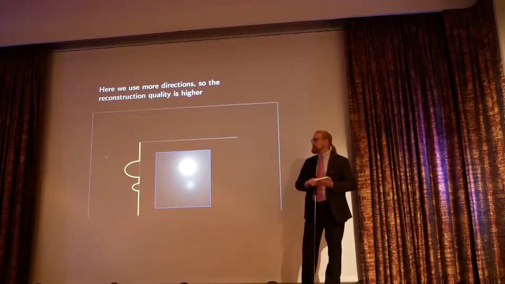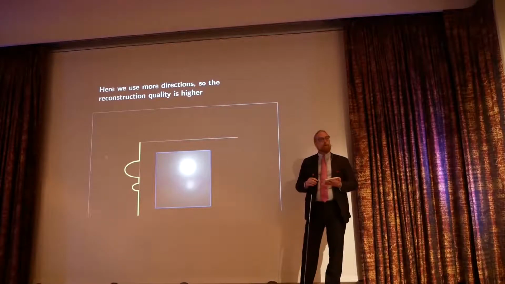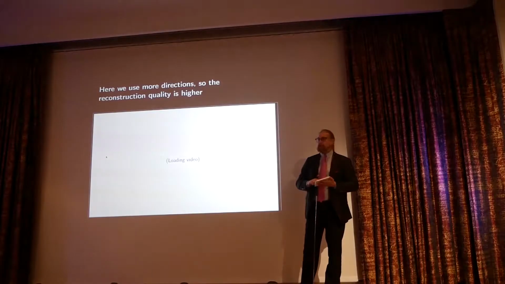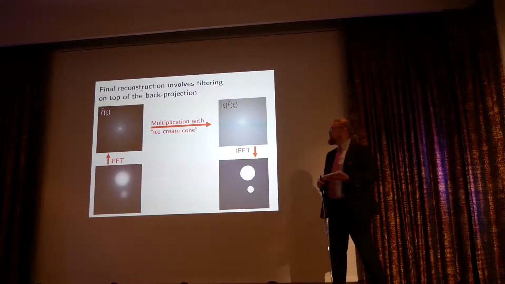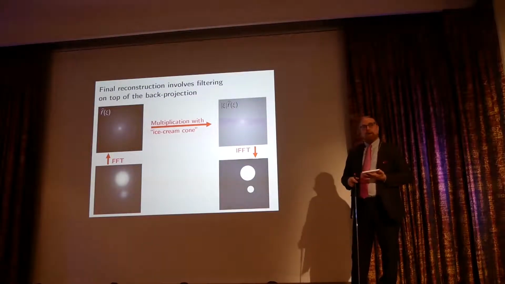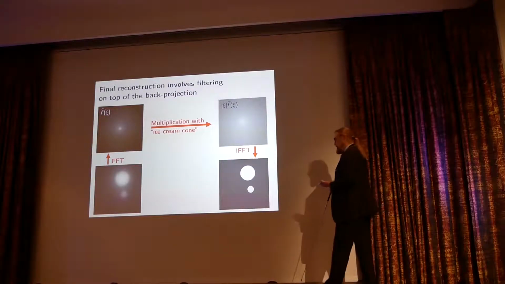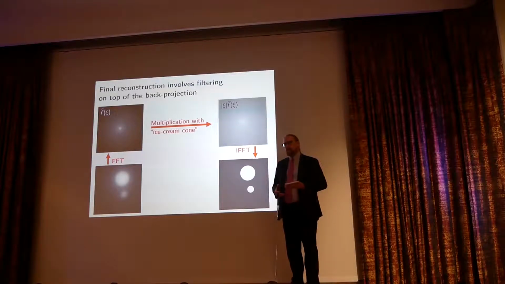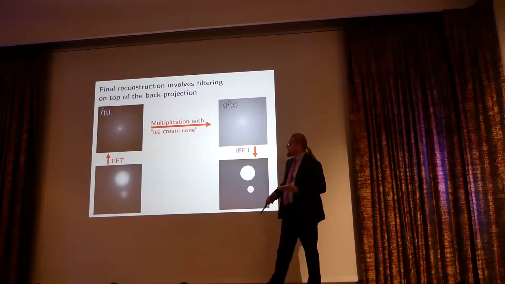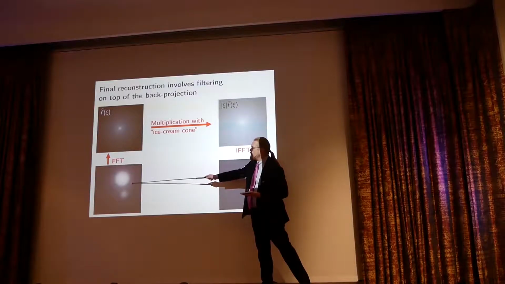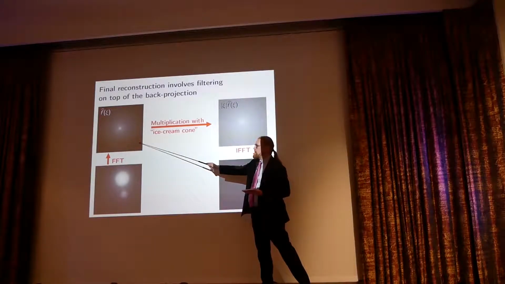Something is still missing. The method is called filtered back projection. So what is missing is the filter. For the filter, I'm using something I call multiplication by the ice cream cone, which I'm afraid is a very technical step. We are following the famous French professor Joseph Fourier, who defined a so-called Fourier transform that takes any image into a so-called frequency domain.